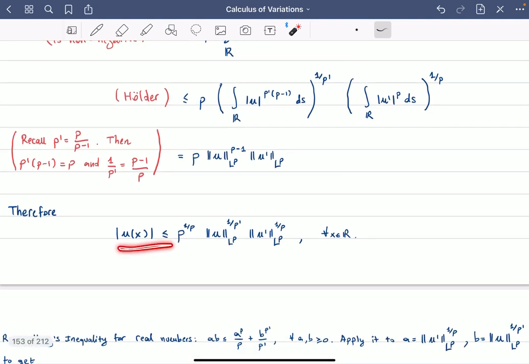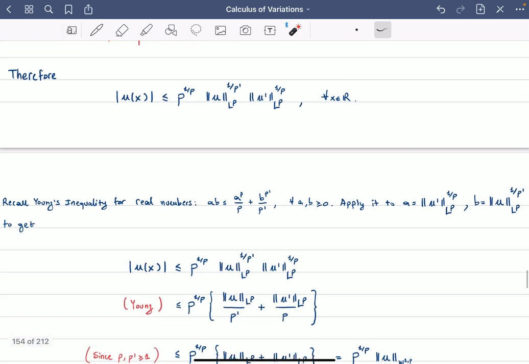So |u(x)| is less or equal than p to the power of 1 over p times this one, because p minus 1 over p is again 1 over p prime, so you get it here. And here we have to power this to 1 over p.